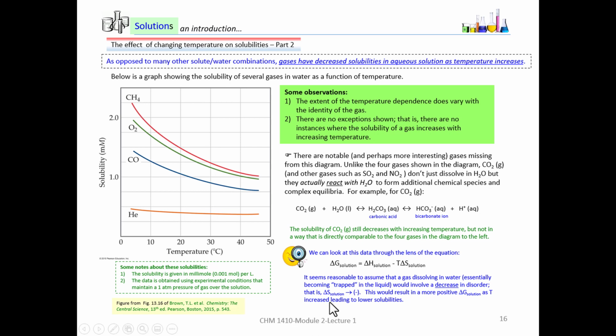That is, we could probably reasonably assume that delta S of solution for gases dissolving in water would be negative. That would be an increase in order. Well, if delta S is negative, that means if temperature increases, it would make the minus T delta S term more positive, making delta G of solution more positive, making the gases less soluble in water as the temperature increases.